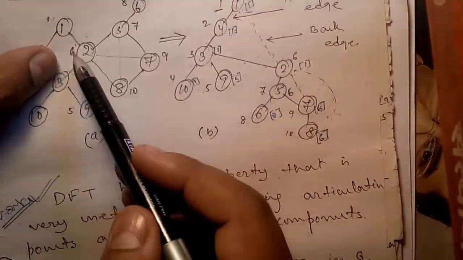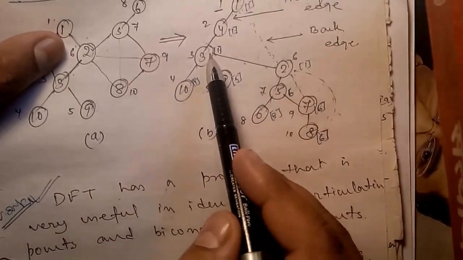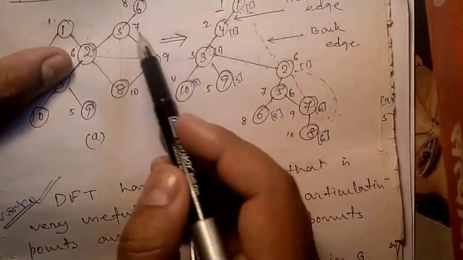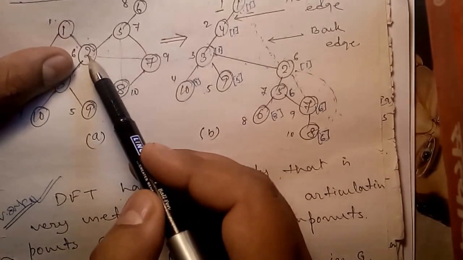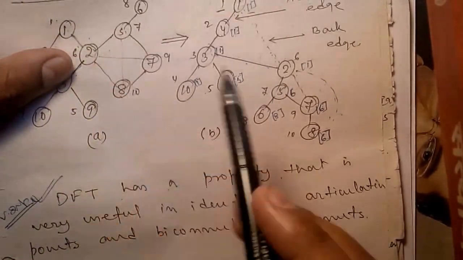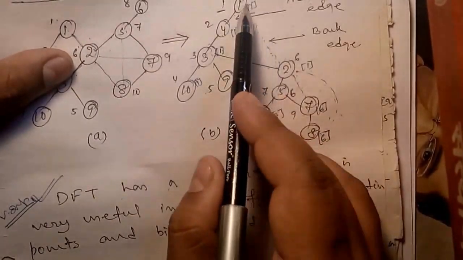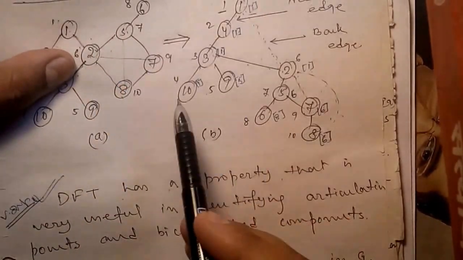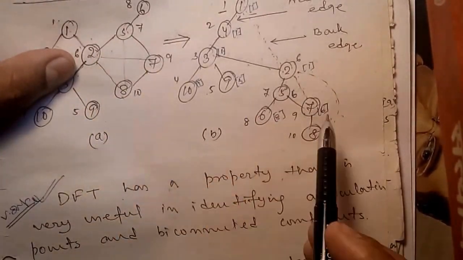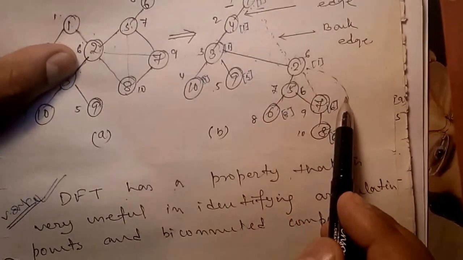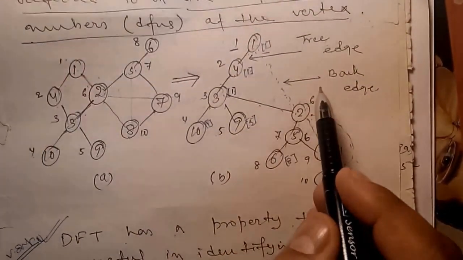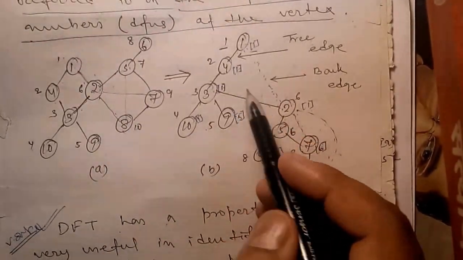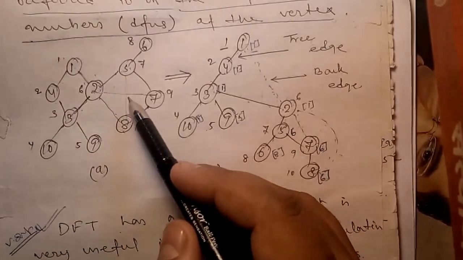Similarly, 3 to 4, 2 to 3 solid line is there, but in the actual graph the connections with 2 are 1, 5 and 8. So there are broken lines from 1 to 2, 2 to 7, 2 to 5 and 2 to 8. Broken lines indicate not part of the tree but part of the graph, and a solid line indicates part of the tree as well as part of the graph, both.